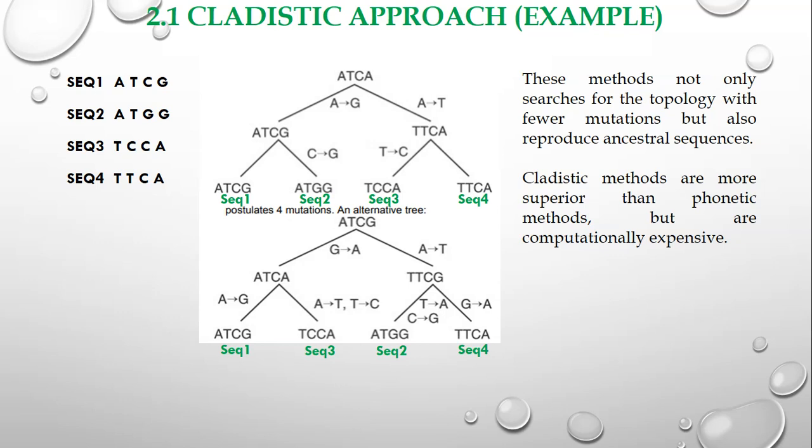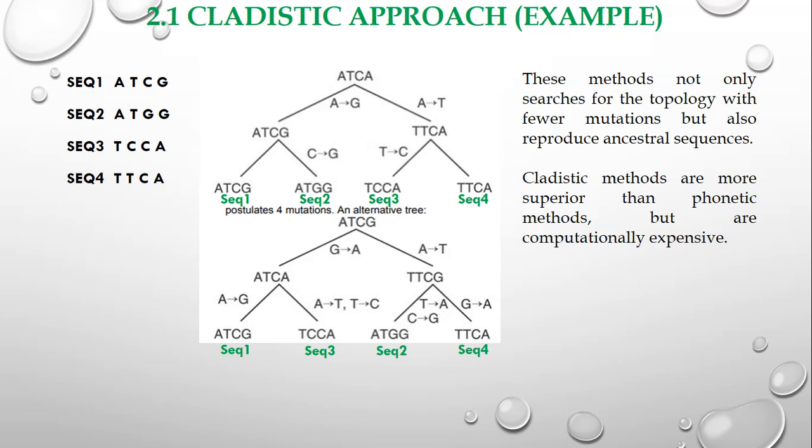Also, this method constructs an evolutionary ancestor which was not present in the previous one. The previous distance-based approaches only consider the distances, it doesn't matter what kind of ancestor they have. But the second one has two differences. Number 1, it creates a hypothetical ancestor sequence. Number 2, it generates many trees and then decides the optimal one.